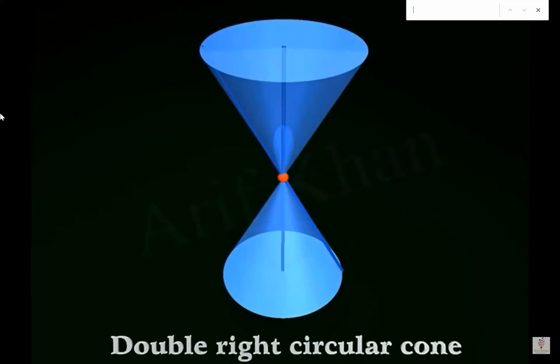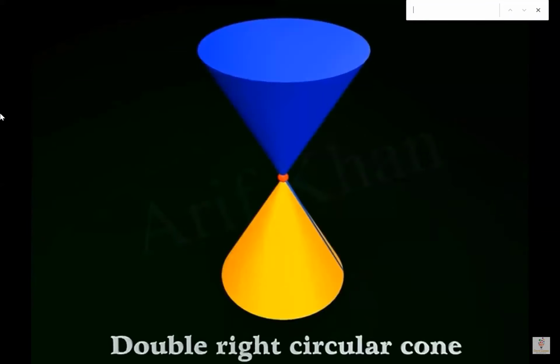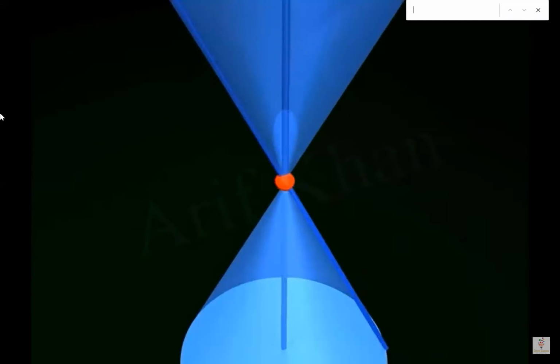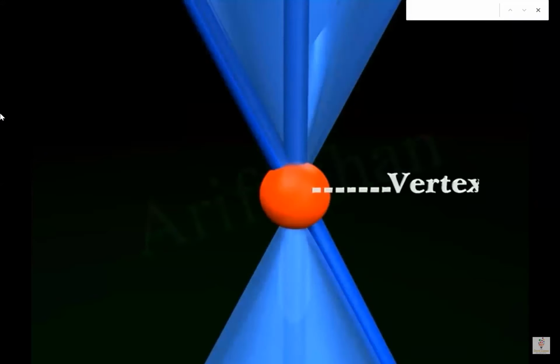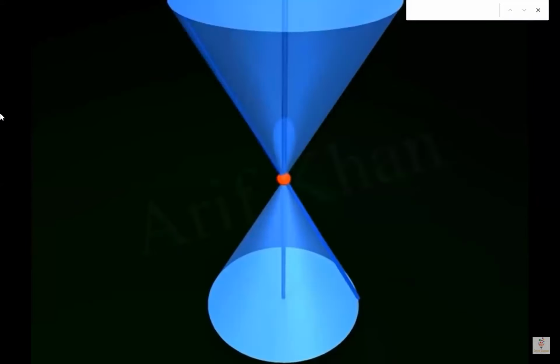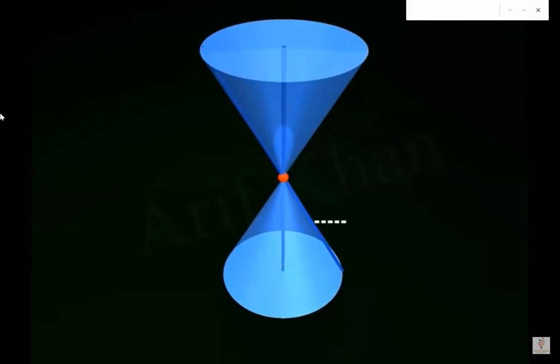A double right circular cone consists of 2 cones joined at a fixed point called the vertex. The line that rotates about the vertex is called the generator, and the line that remains fixed is called the axis.